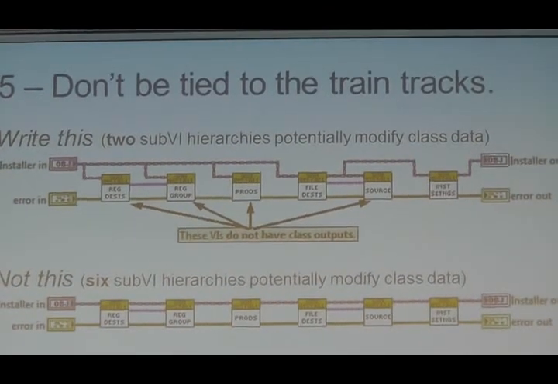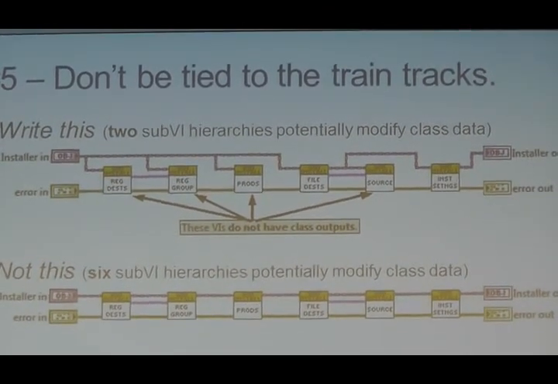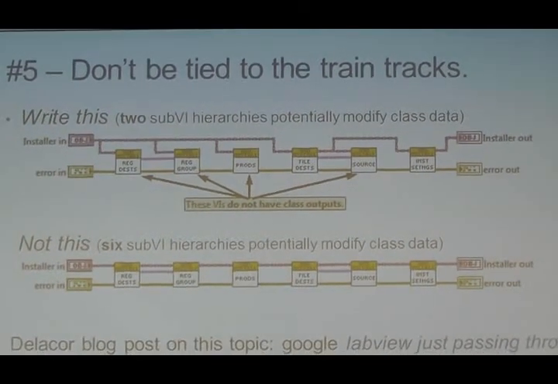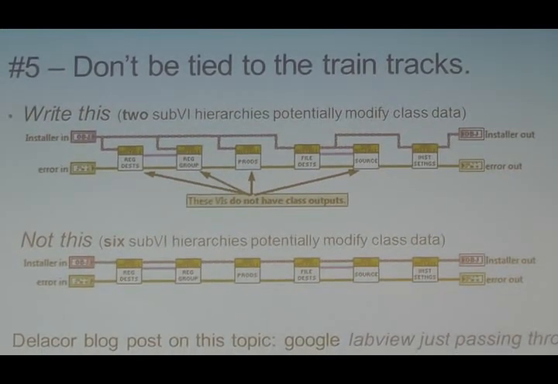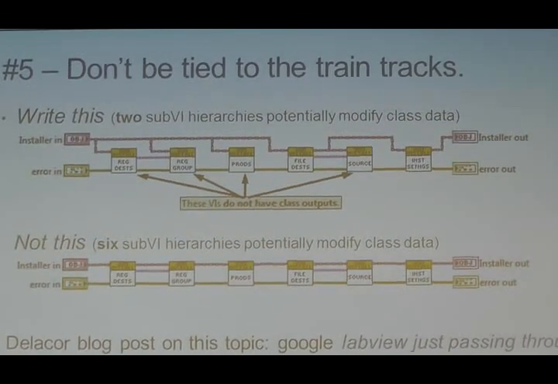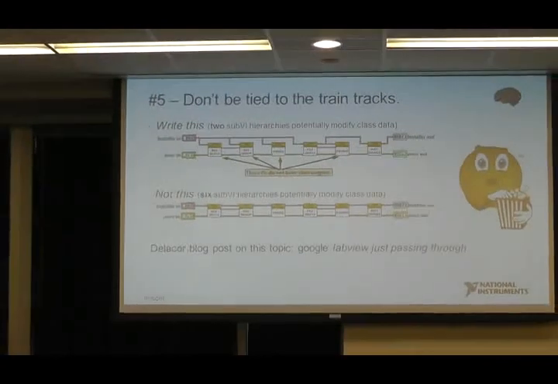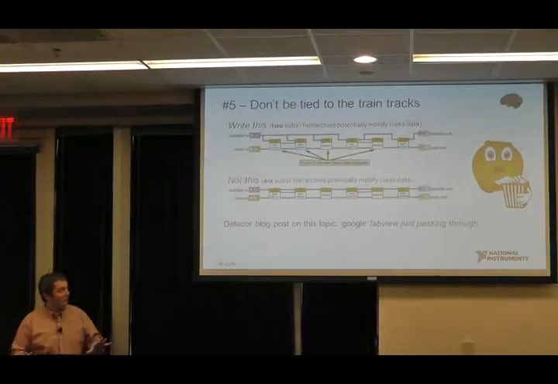In the top picture, there are only 2 sub-VI hierarchies that I need to dig into to try and figure out where my class data got messed up. Because all those other VIs that are not passing a class output wire, there's no possible way for them to mess up my class.